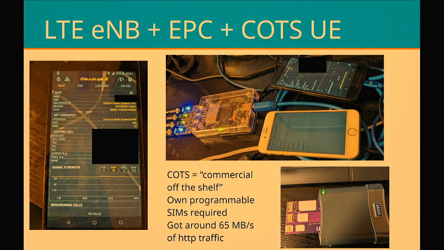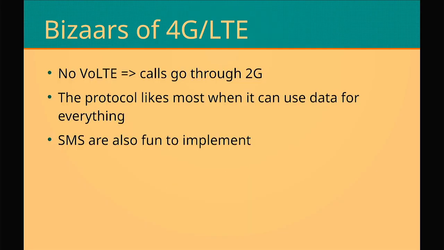LTE has theoretically up to 100 megabits per second, but that's including headers and everything. With my testing, I got about 65, and you need the programmer, and PySIM is not a fun thing to master, but it's necessary.